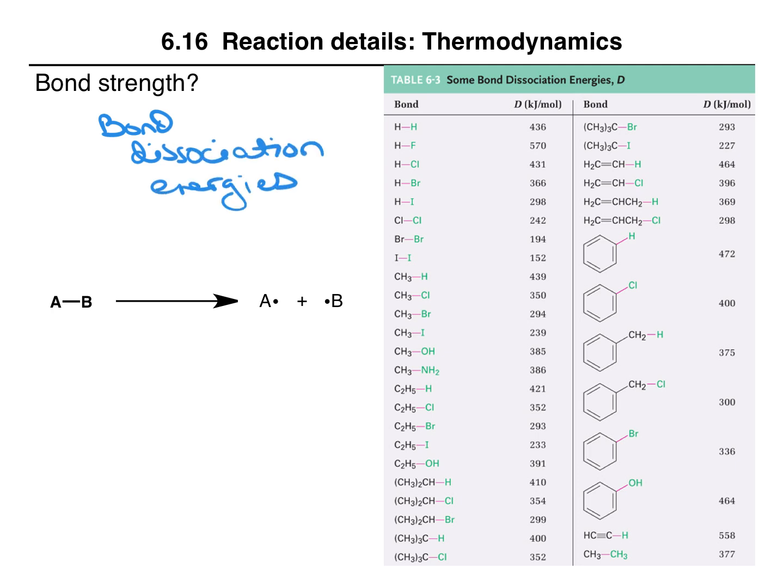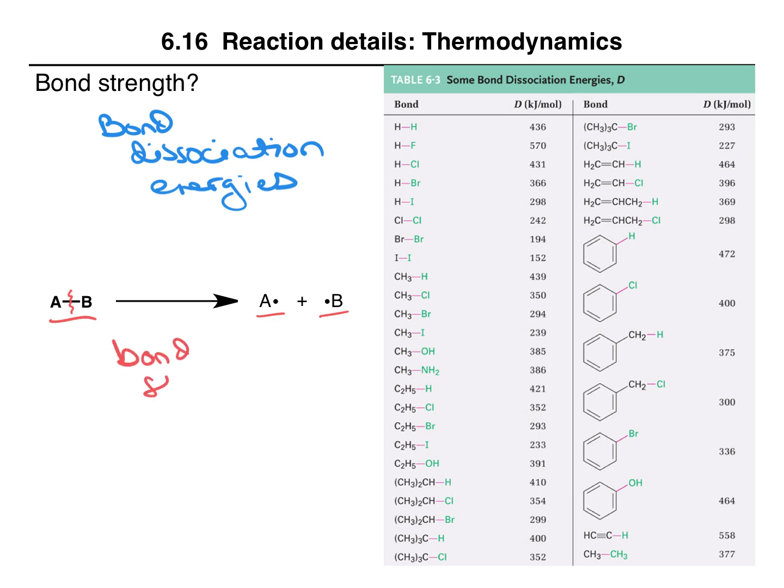Let's consider, for example, a molecule AB. We can measure how much energy is required to break this AB bond to give us an A radical and a B radical. Now, because the bond dissociation energies are measured as a radical reaction, what does that mean for polar reactions?